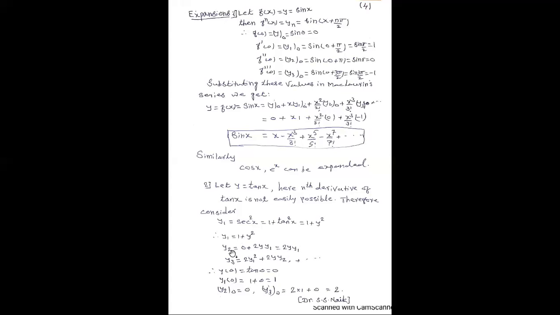This is y2. Then y3, the third order derivative. Again, you have to find this: this is 2y and this is y1 you are having. So therefore, 2 is constant. Then y derivative is y1, and y1 and y1 becomes y1 square. Then plus, here again you have to apply the product rule, because 2y also is a function of x and y1 also is a function of x.